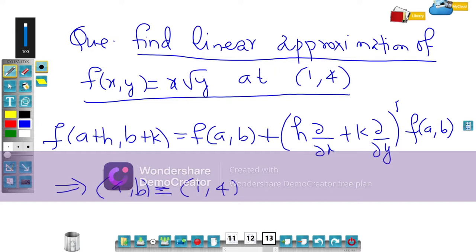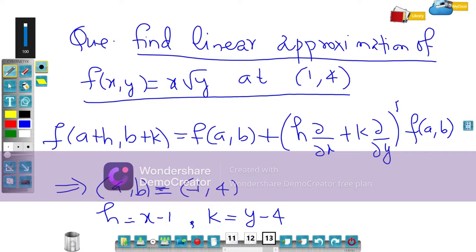Right? So let's write down that first. What I need to find out is ∂f/∂x evaluated at (a, b), and what is h? h is basically x minus 1 and k is basically y minus 4. That should be noted. Because if it would have been minus 1, then it would have been x plus 1.